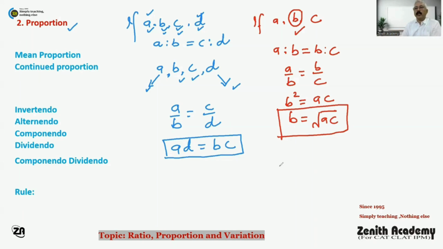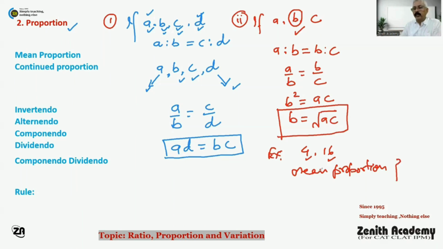So these are two important results related to proportions. For example, there are two numbers, 4 and 16, and you have to find the mean proportion for 4 and 16.